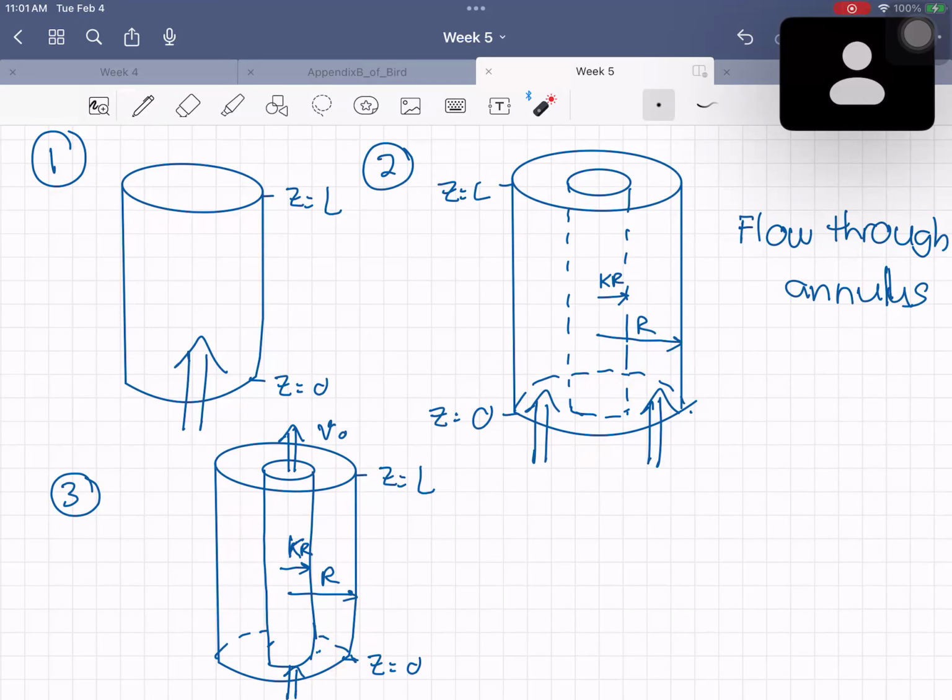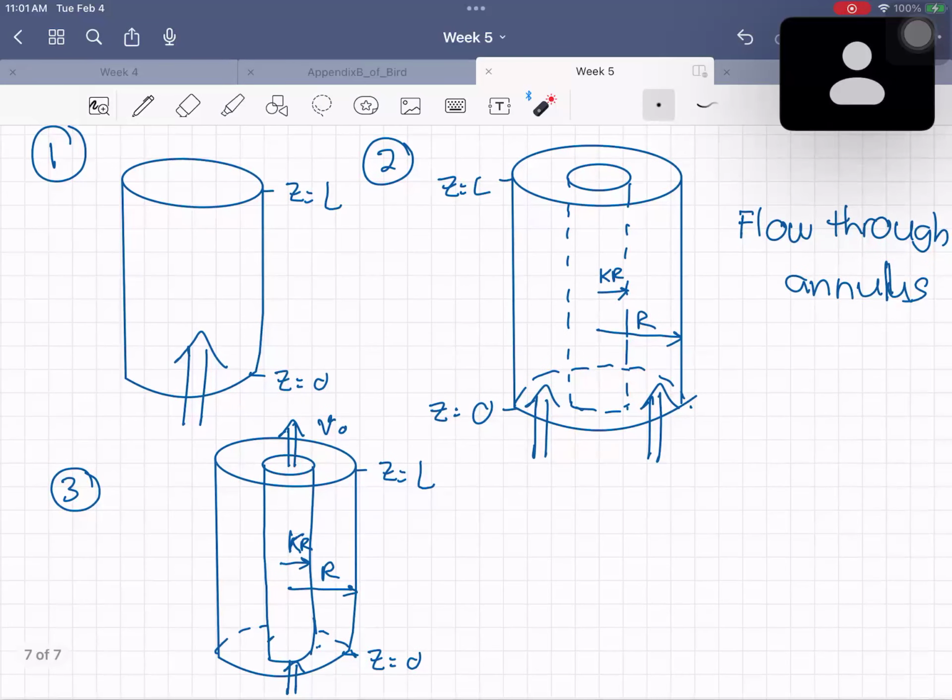It's similar to the second one, but in the second one the inner pipe is staying still, while in the third one the inner pipe is pulling up at the velocity V0.